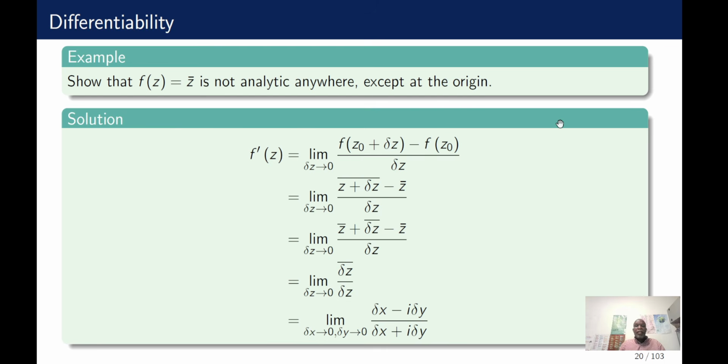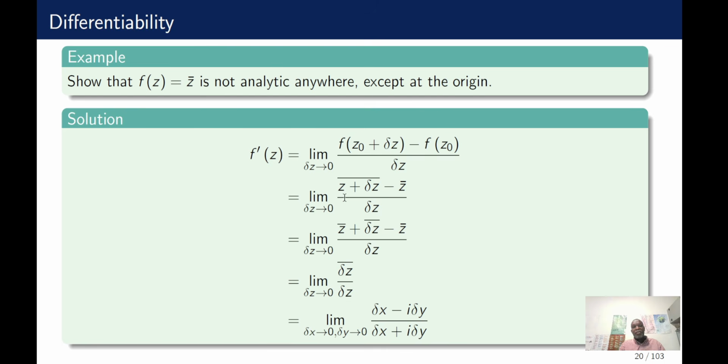So let us look at this. The derivative is given as how we define it. If we use that and substitute, we just want to find the conjugate of the function at this point here.